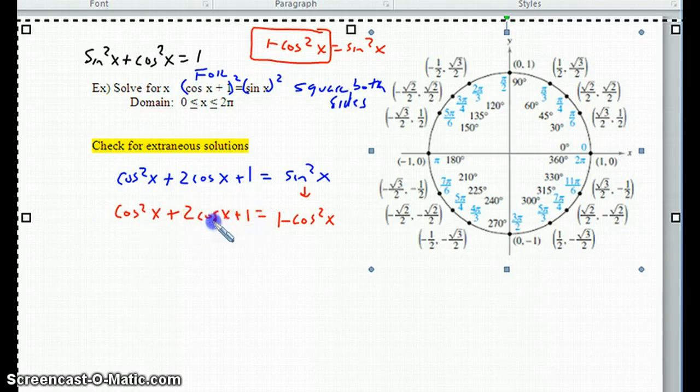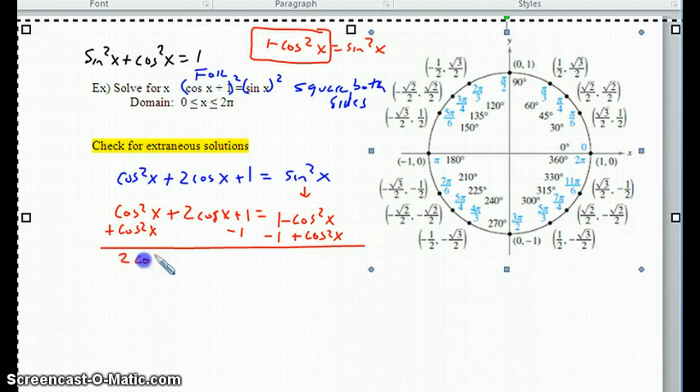Again, the reason I'm doing this is that now this problem has one trig function in it, and that trig function is just cosine. Let's move everything over to the same side so that my problem is equal to 0. So 2 cosine squared x plus 2 cosine x equals 0.